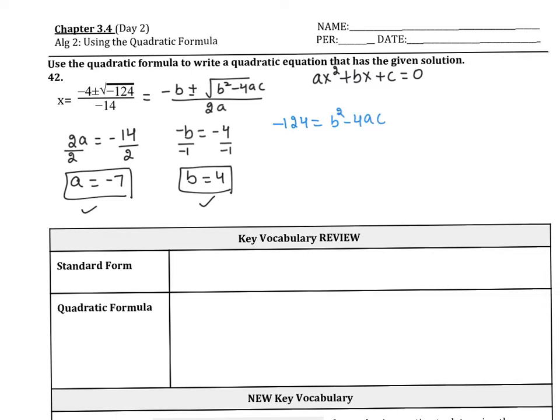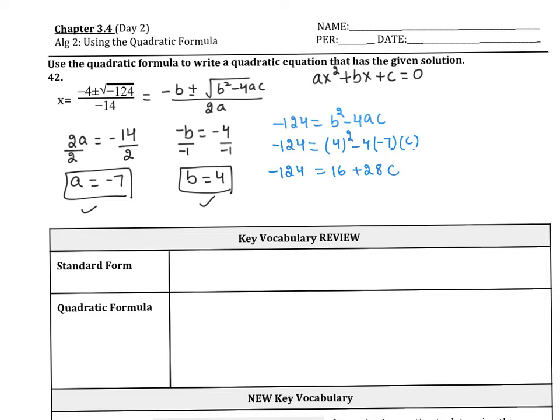Now for this one, we already have b, that is 4, and we already have a, that is negative 7. So we're going to plug in b and a. That's going to be negative 124 equals 4 squared minus 4 times negative 7 times c. Now we are going to solve this equation for c.